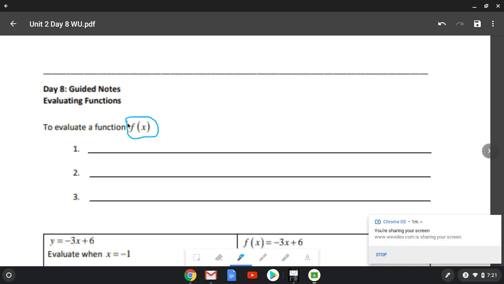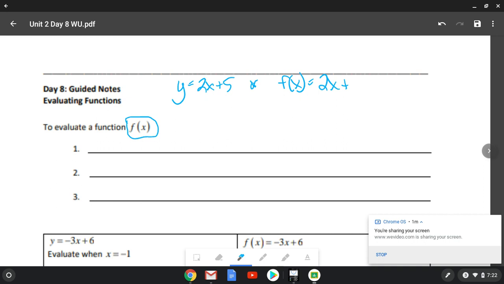So if we take a look at this right here, this f of x, I just want to make sure that we understand that it's basically the same thing as writing y equals in the front of an equation. So this is something we're used to seeing, y equals 2x plus 5. It can also be written as f of x equals 2x plus 5.